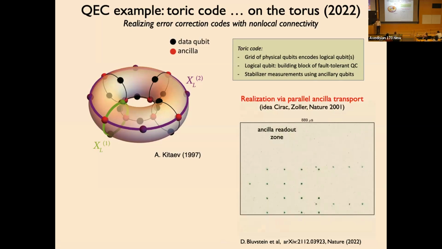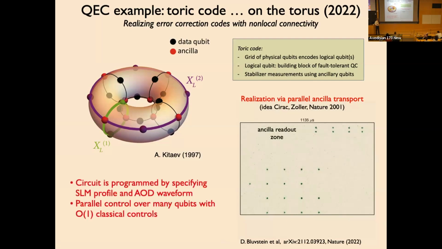The details are not very important here, but what's important is that this entire circuit, involving in this case, I already forgot, maybe 16 physical qubits and 8 ancillas, has been specified by just two voltages. One voltage corresponding to moving atoms up and down, and another one moving left and right. So that's the beauty of this kind of reconfigurable architecture. It enables very efficient control.